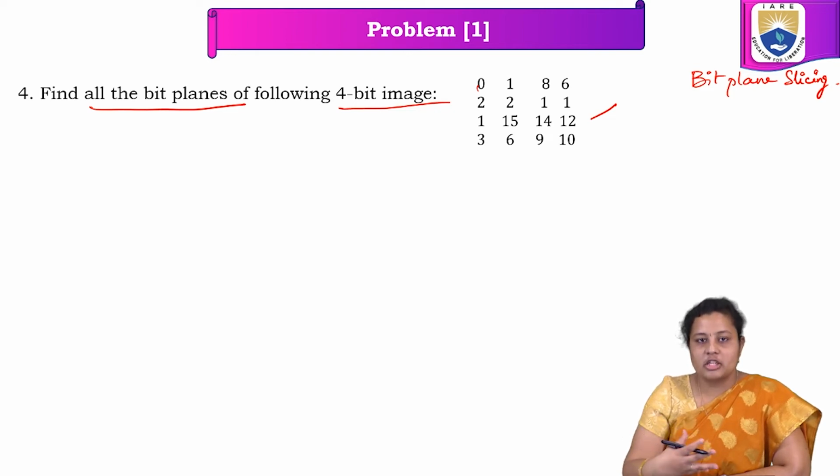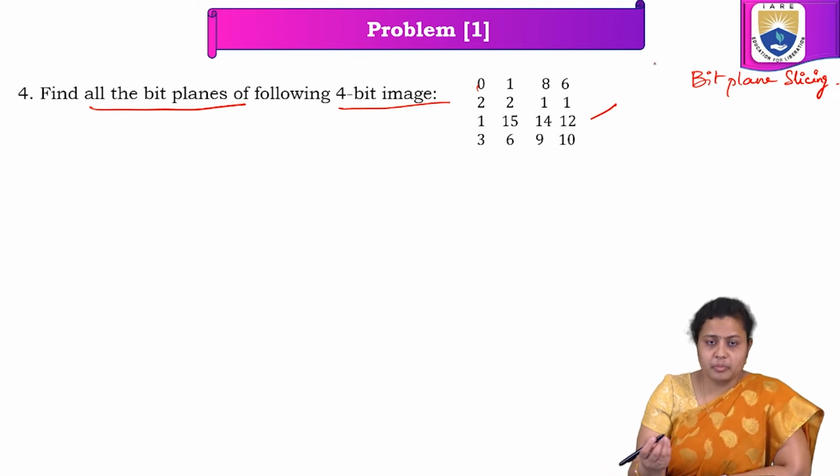So the overall actual information of the image is contained in the MSB and the higher bits. If an image is represented by 4 bits, then we call it a 4-bit image, which means each intensity value is represented by 4 bits.